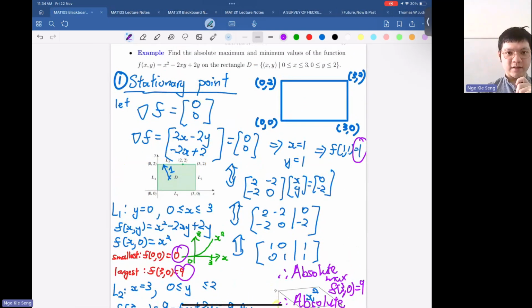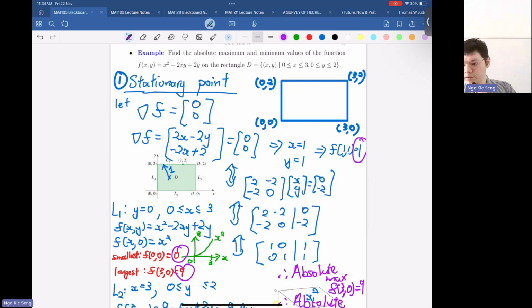Maybe let's see. Let's plot the graph. See if it is correct or not. Okay, so this graph looks like this.